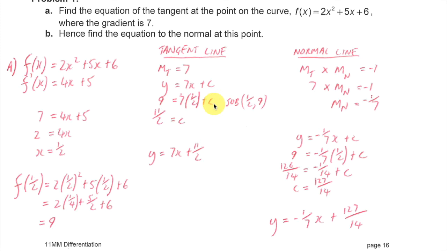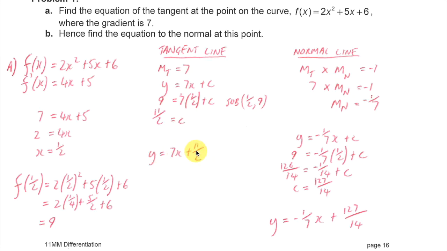And of course that point is going to be 1/2, 9, because that's the point that we've just worked out. So I sub in 1/2, 9. So y is equal to 9, x is equal to 1/2, and I establish that c, the constant, is equal to 11/2. So the equation of the tangent line is y equals 7x plus 11/2.